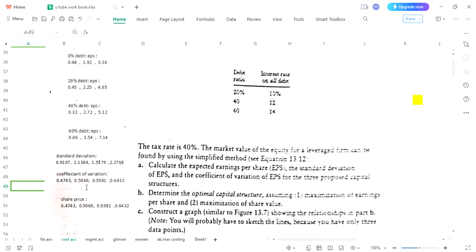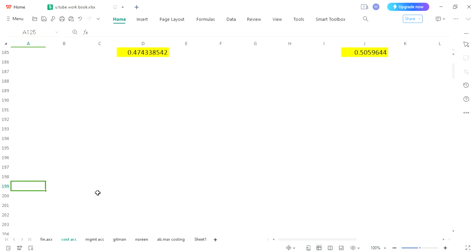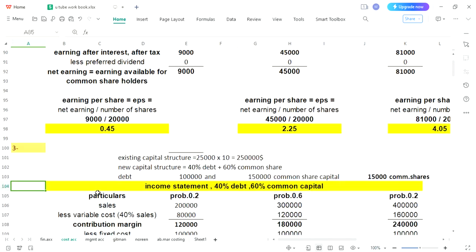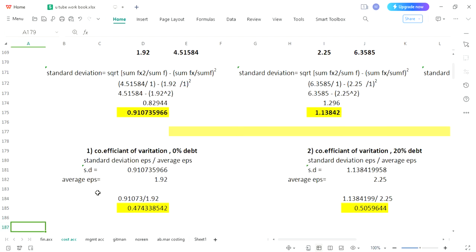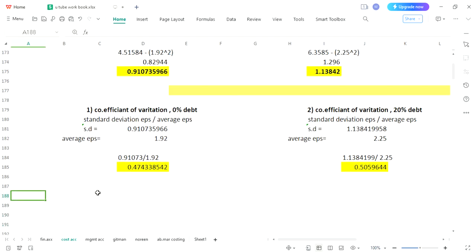Coefficient of variation has been calculated. At this stage we need to arrange everything we have already calculated. This would take a little time, but you will come to know how we had made everything possible.